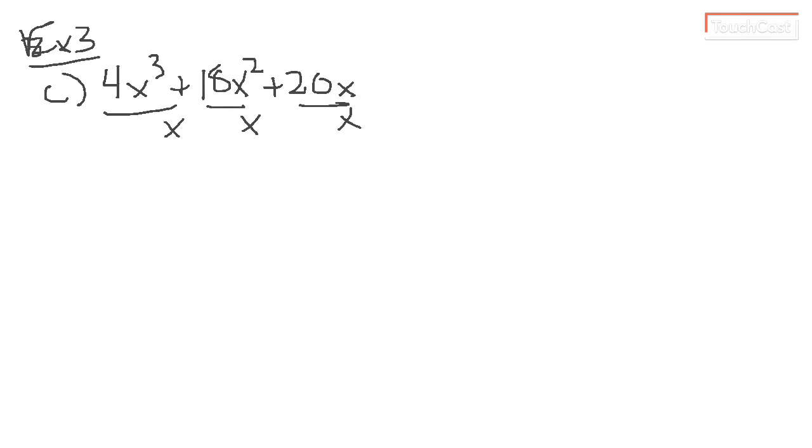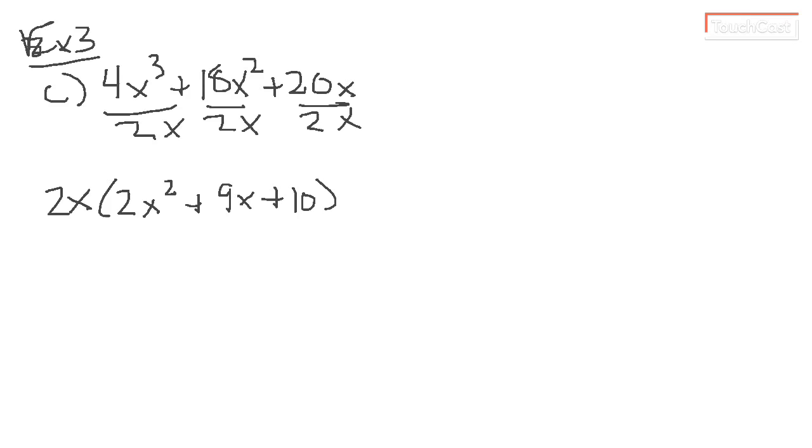I also notice 4, 18, and 20 are all divisible by 2, so I'm going to divide or factor out a 2x. So we'll have 2x times what's left with the first term. We're going to have 2x squared. In the second term, we're going to be left with a 9x and a plus 10.